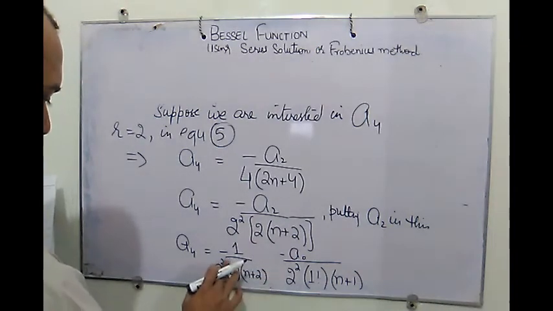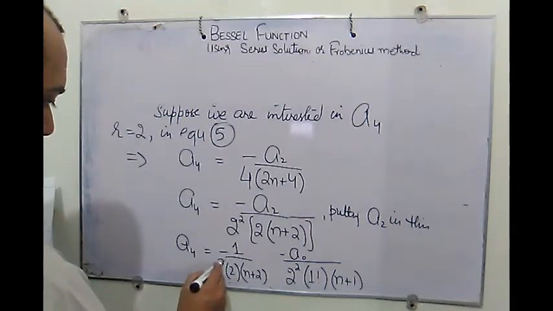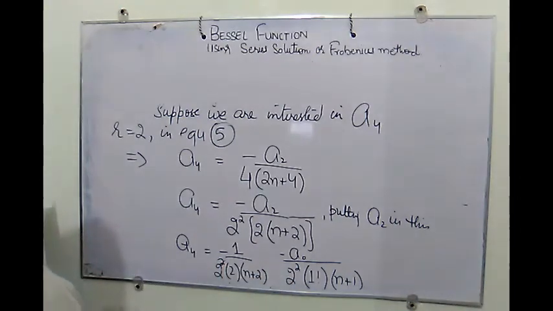If we don't put brackets here, that's fine. So we have 2 squared here, we have 2 squared here.